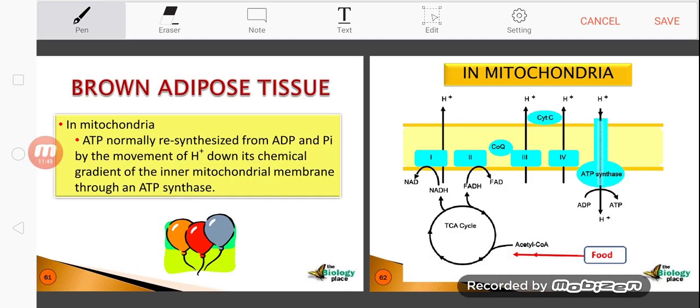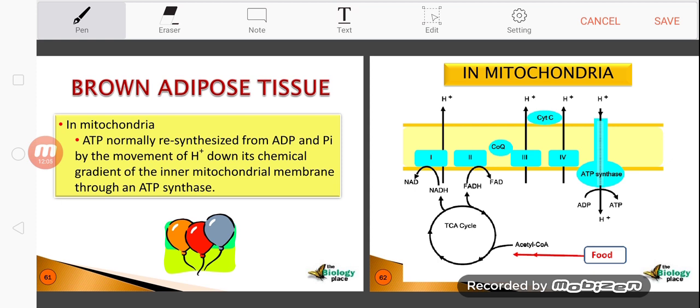Okay, relating to mitochondria in brown adipose tissue. Usually mitochondria is the organelle where cell respiration happens.